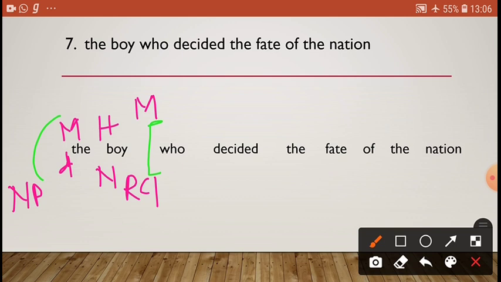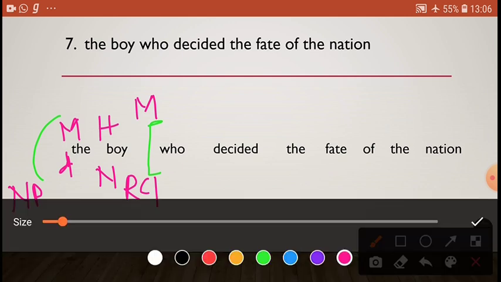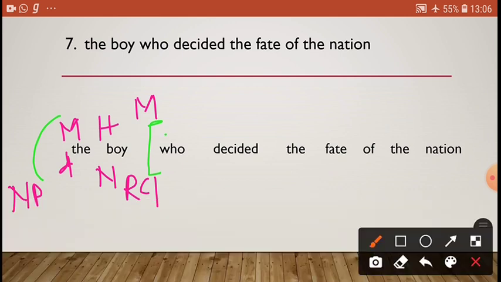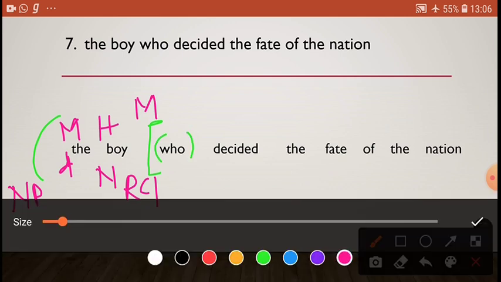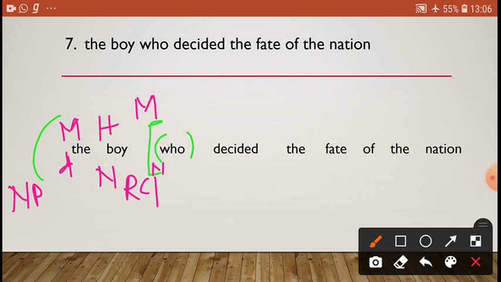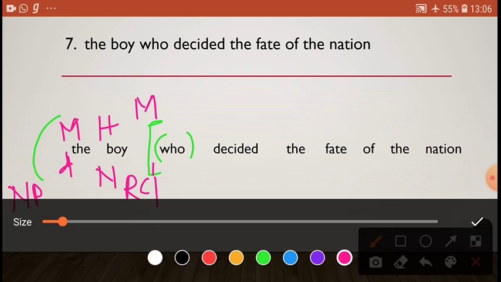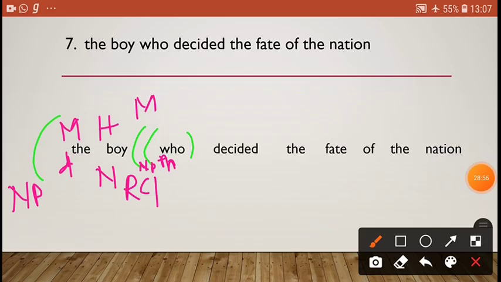Here who is a relative pronoun as I told you earlier, and that is why it is a noun phrase. This separately functions as a noun phrase, and who is a pronoun and functions as the head of this noun phrase.